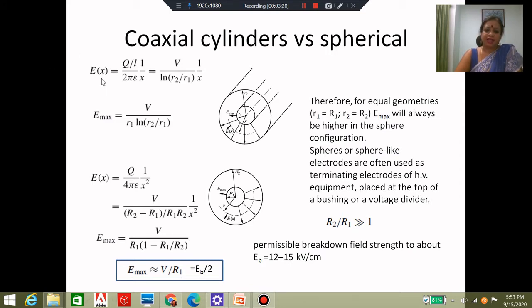So analytically, the electric field in the space between R1 and R2 can be calculated as Ex equal to Q by L, Q being the charge per unit length, divided by 2 pi epsilon into 1 by x, which is written as V by ln(R2 by R1) into 1 by x, if V is the potential difference across the conductor, which is caused by the charge Q. Which means the electric field reduces with radial distance from the center.